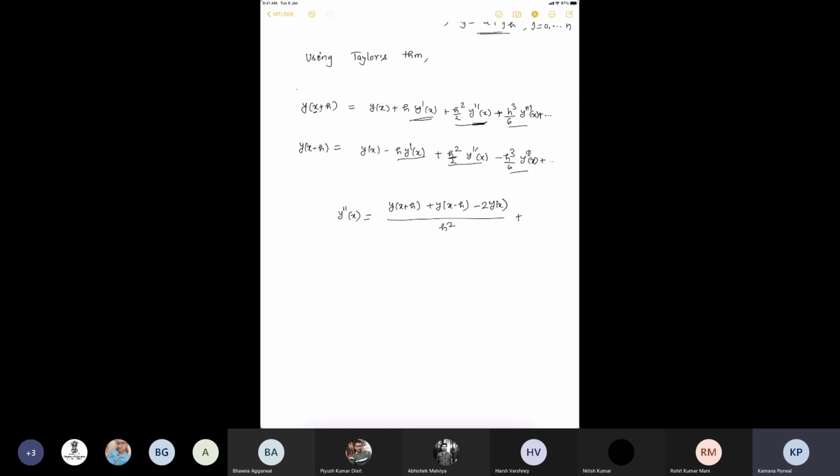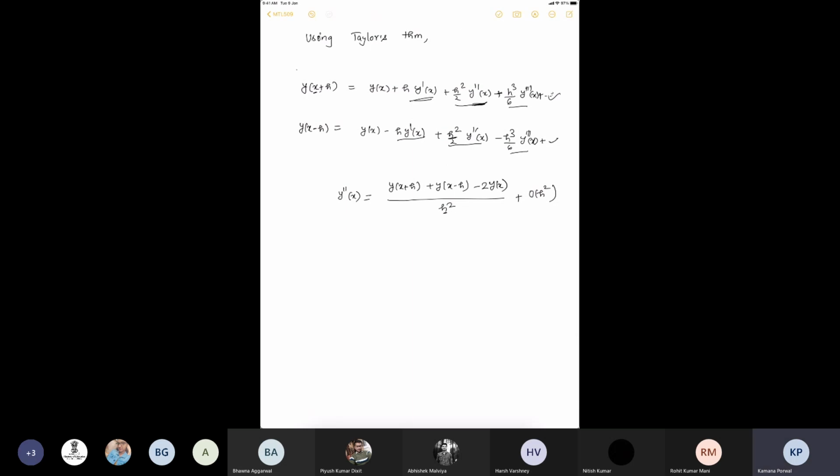So I will get the remainder term of order h raised to power 4, here as well and here as well, and that is getting divided by h square. So basically, I will have the remainder term of order h square. So I got the approximation of y double prime, where I have the remainder term of order h square.